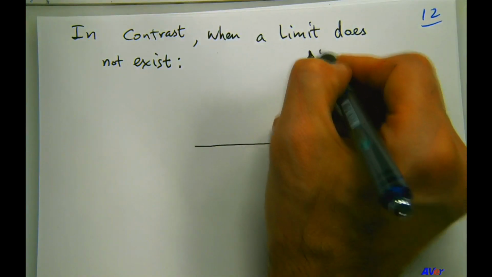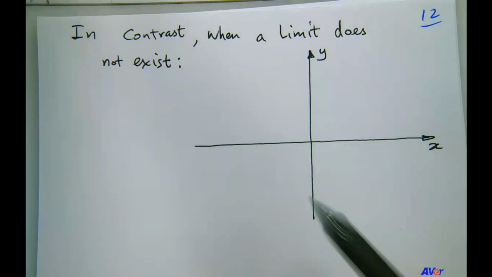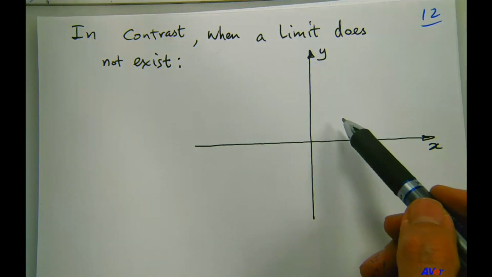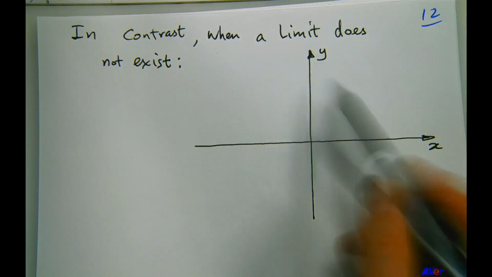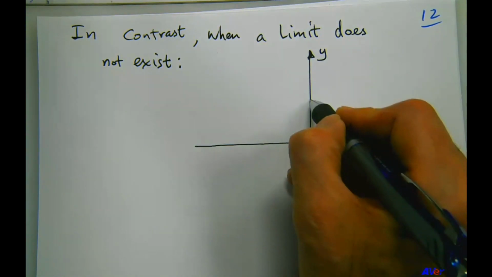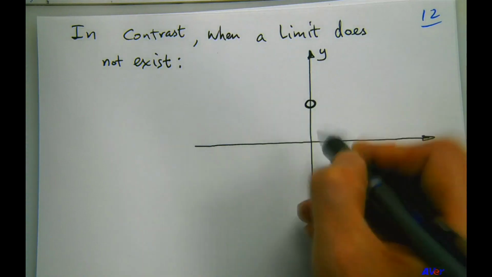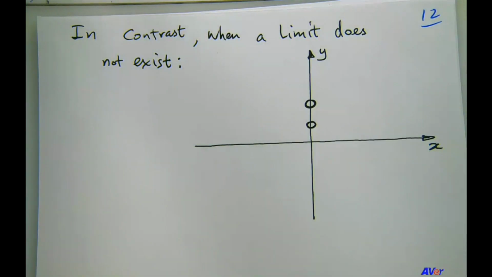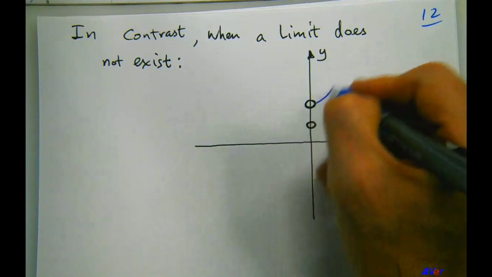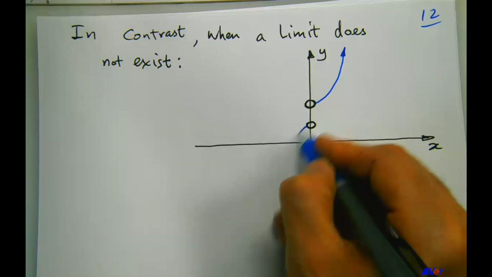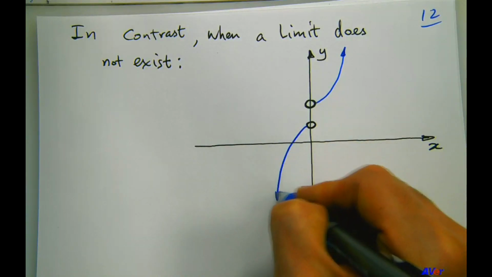So if you try to follow the geometric interpretation of the epsilon delta definition of a limit here with this graph, it won't work because the limit does not exist. So we have this line going that way and another one going this way.